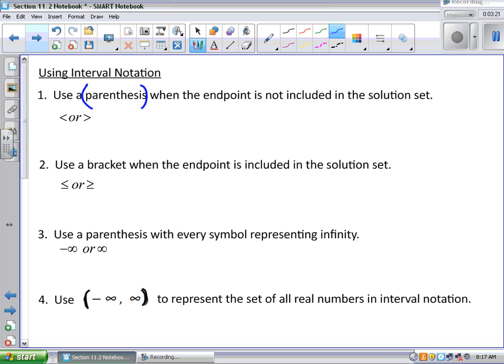We use a bracket, these little square symbols, when the endpoint is included in the solution set, in other words, when we have the inequality symbols less than or equal to and greater than or equal to. We use a parenthesis with the symbols representing infinity. So if negative infinity or positive infinity is the endpoint of your inequality, we will always use parentheses.